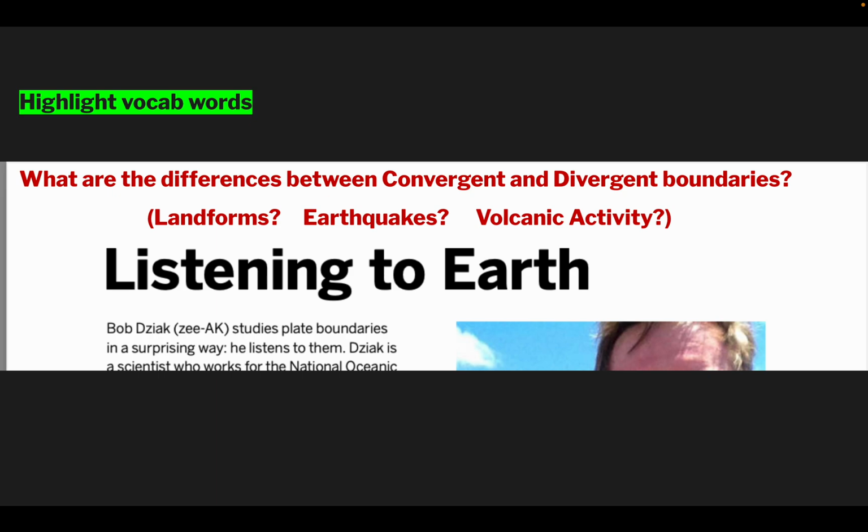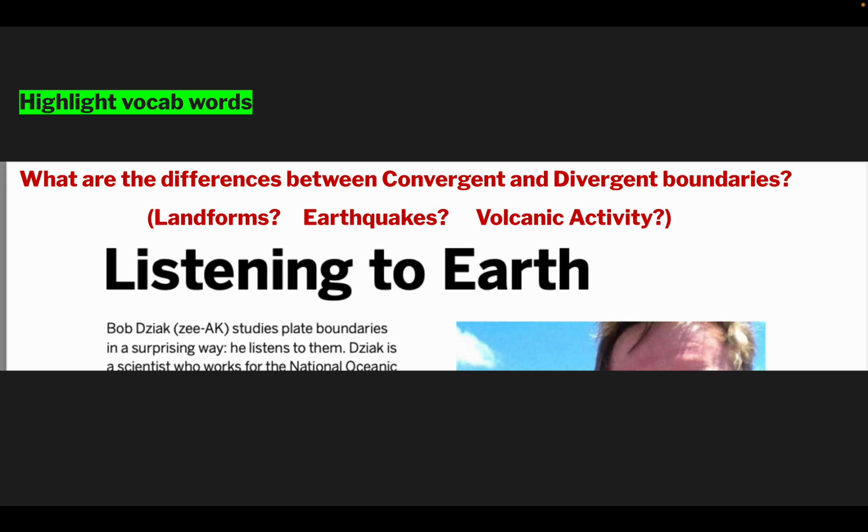So when I ask you to annotate, this is what I'd like you to do. Make sure that you are highlighting your vocabulary terms for this unit. And I say go ahead and highlight them in green. If you've got another color, go ahead and use that. I don't care. The color doesn't matter to me. But don't highlight anything else in that color. Vocabulary should just be one color. And then across the top of your article, when you annotate, I want to see what you're thinking as you're reading.